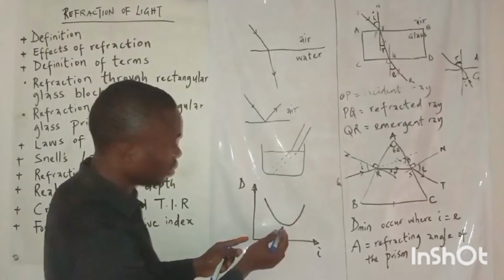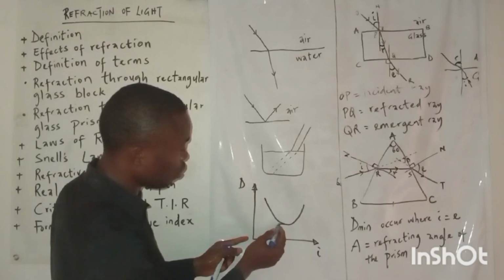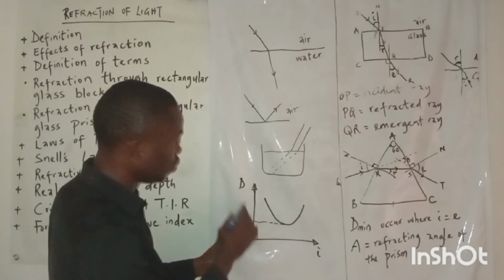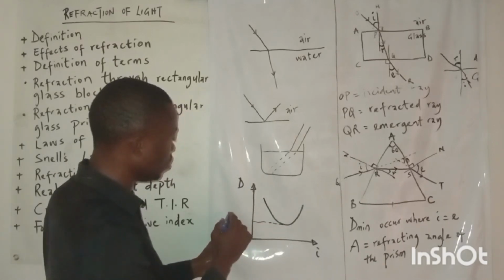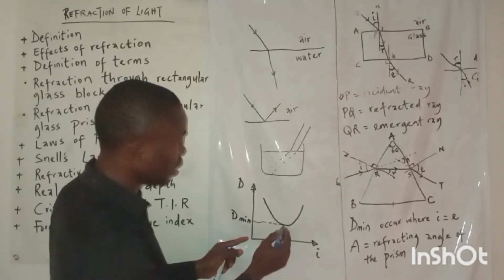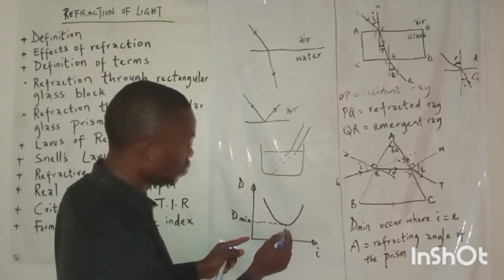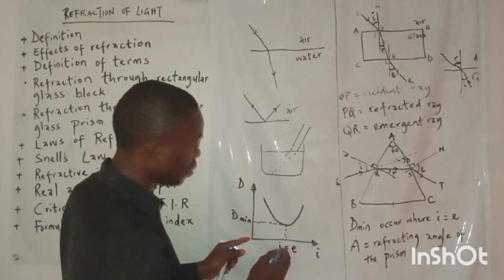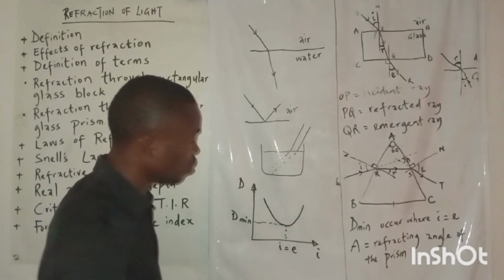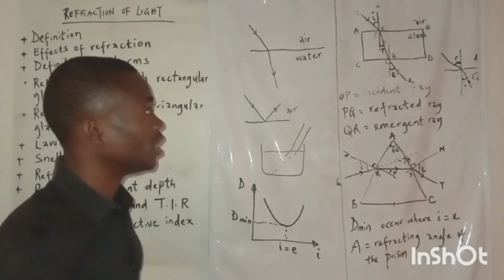And then the minimum point of the curve will occur at the point where the deviation is minimum. At that minimum point, you have I is equal to E. The angle of incidence will be equal to the angle of emergence.